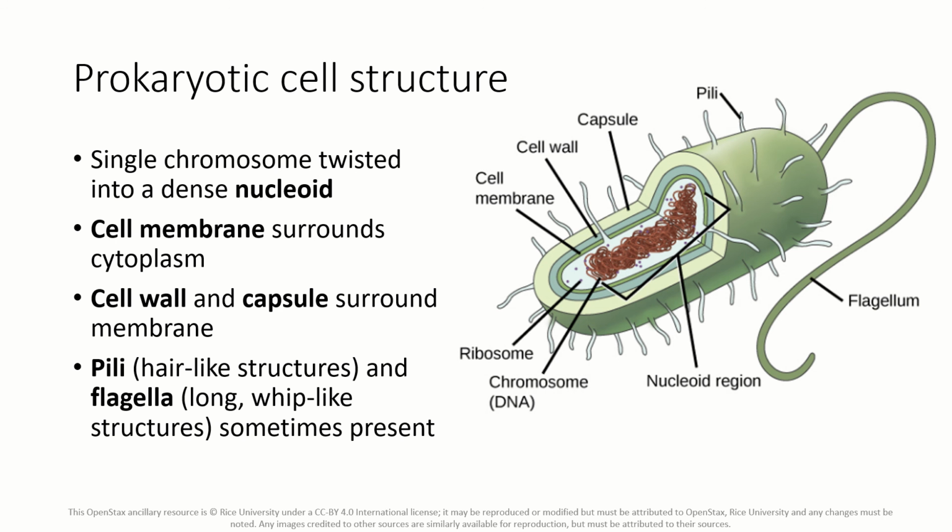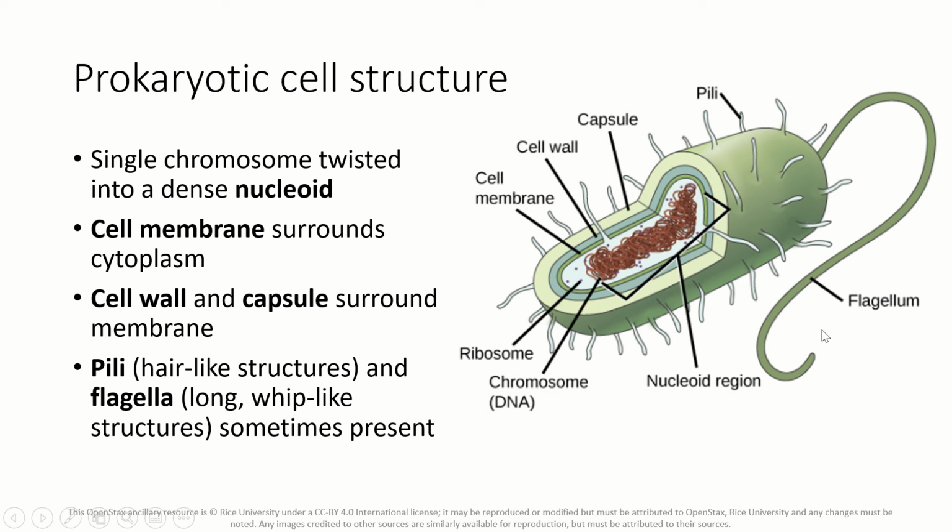microbiology. There are also often extensions of the cell membrane or the capsule extending out from the cell. The little short ones that look like little hairs are called pili. Pili means hairs, so those are hairs. This long one that kind of looks like a tail or a whip is called a flagellum.